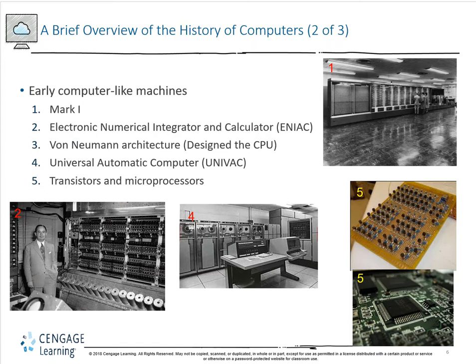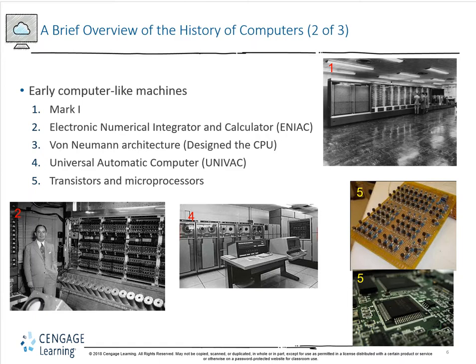These are early computer-like machines because they are not totally electronic. Early computers were large and required very regulated environments. The rooms had to remain very clean, and cool temperatures had to be maintained.